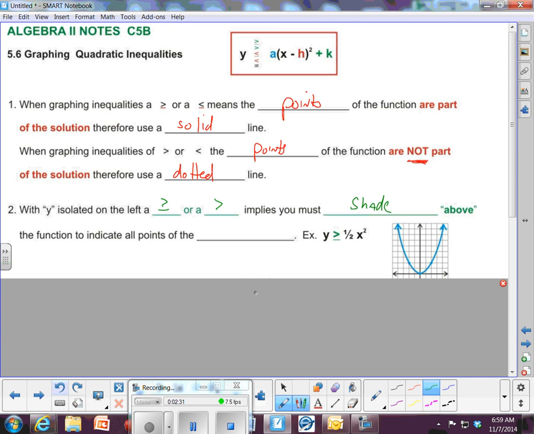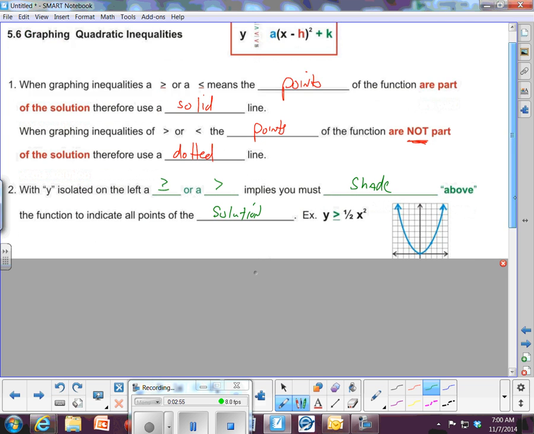Inequalities must be shaded. The solution set is shaded. The solution is the points on the line, if it's a solid line, and all the shaded points. So you must shade above the function to indicate all the points of the solution.